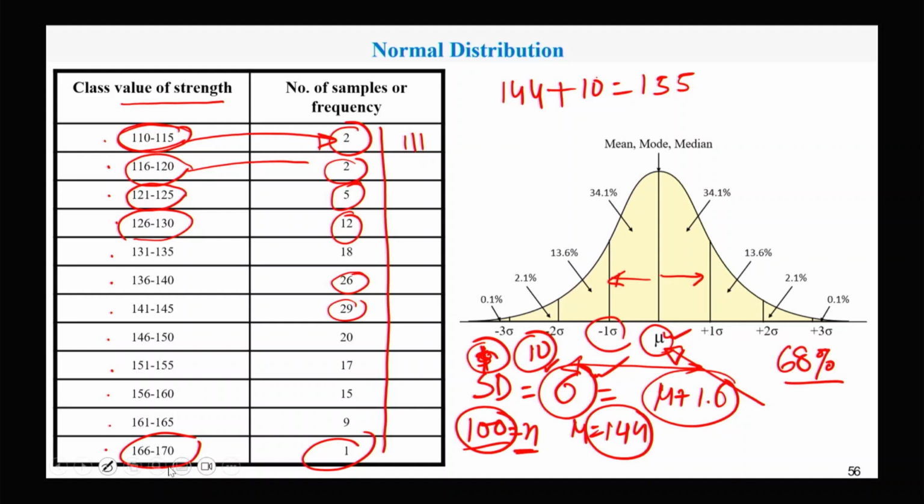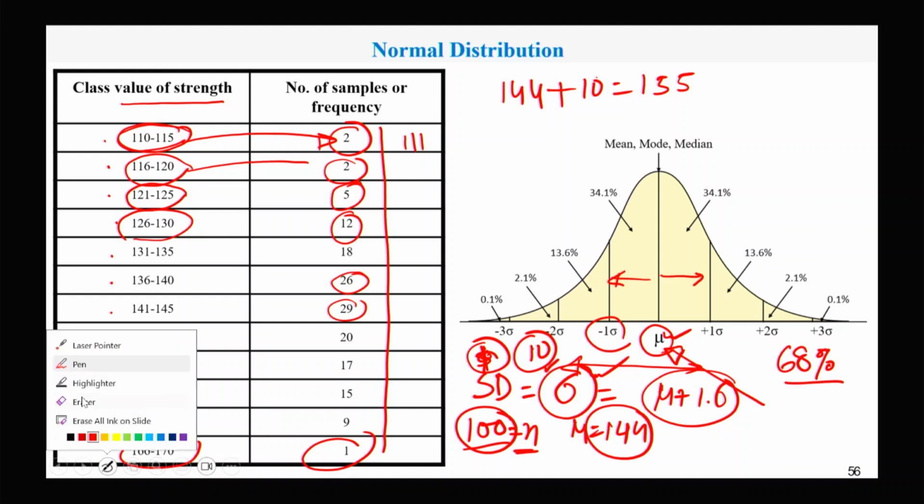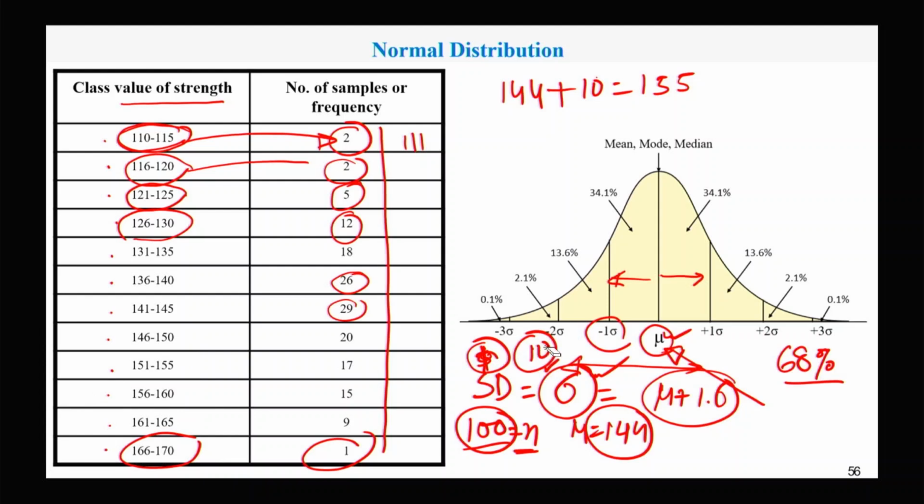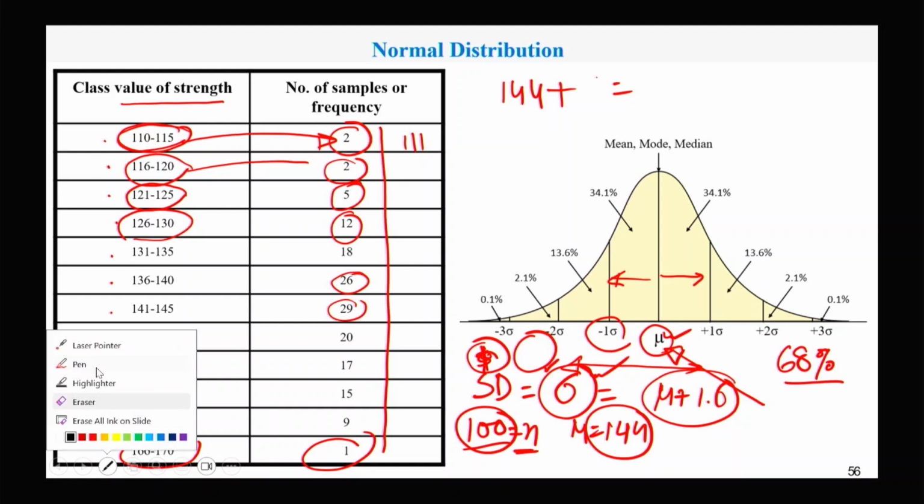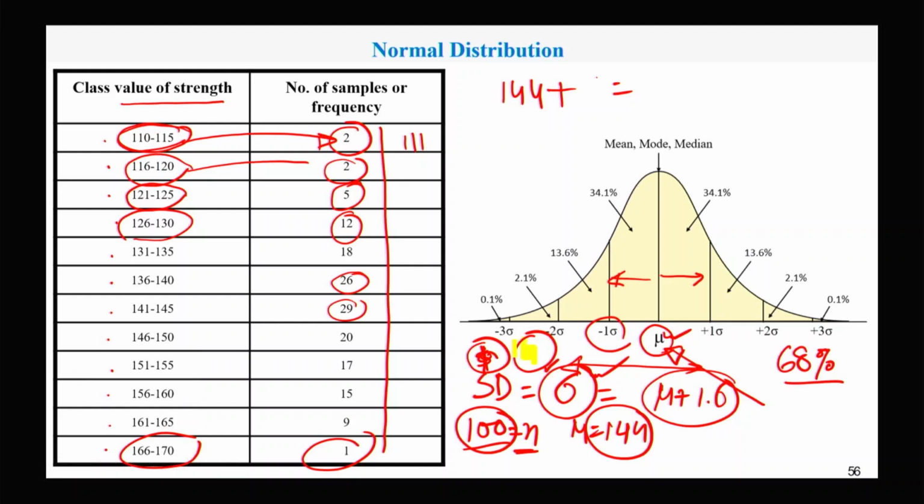So for our discussion, let us assume this is not 10, let it be say 5. Let it be 5. So 144 plus 5.